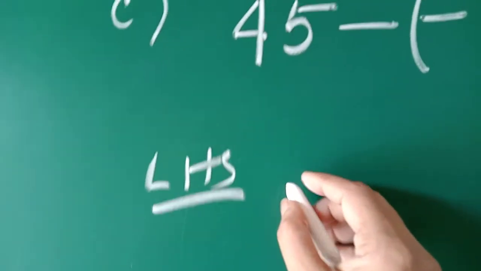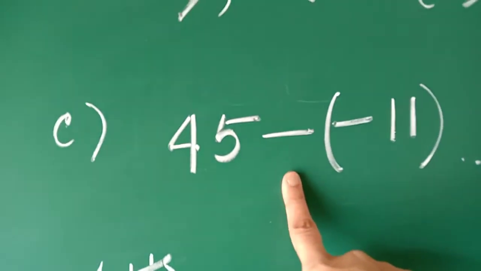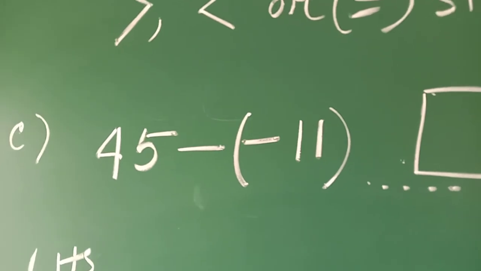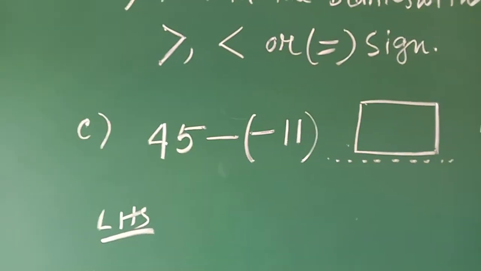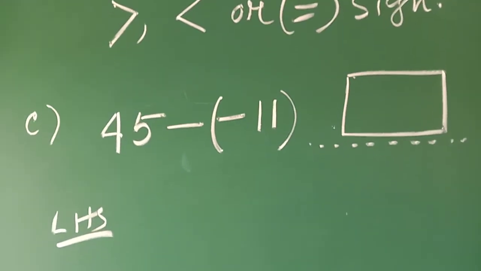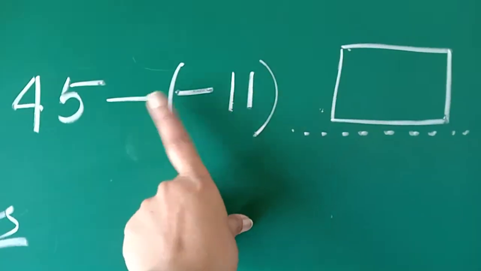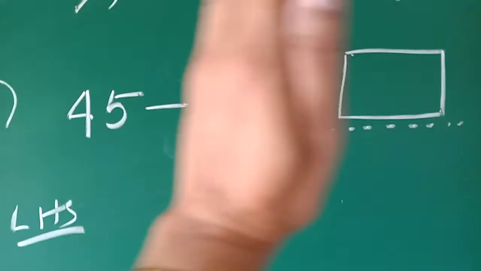Now, see, the question is 45 minus 11. When we are subtracting a negative number, do you remember yesterday I showed you one line from your NCERT book and told you to underline it? Please remember that portion now. When we are subtracting a negative integer, we have to go to the right side on the number line.